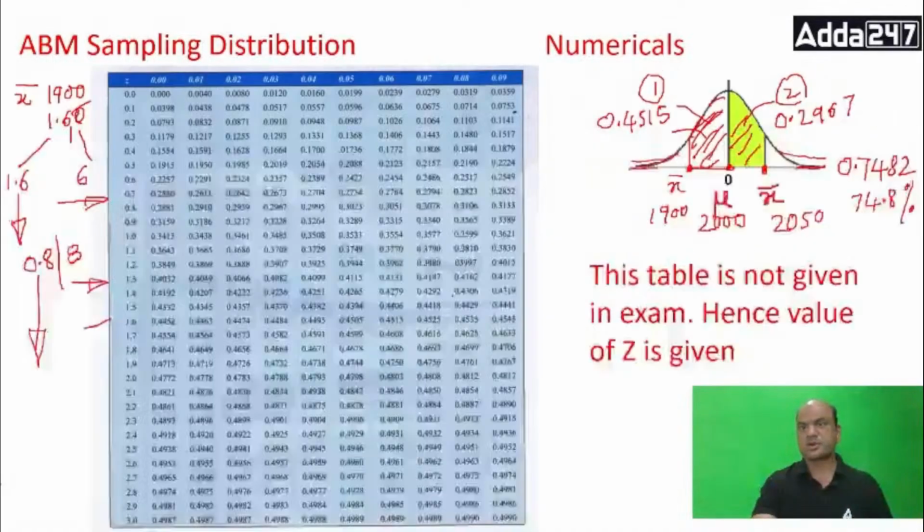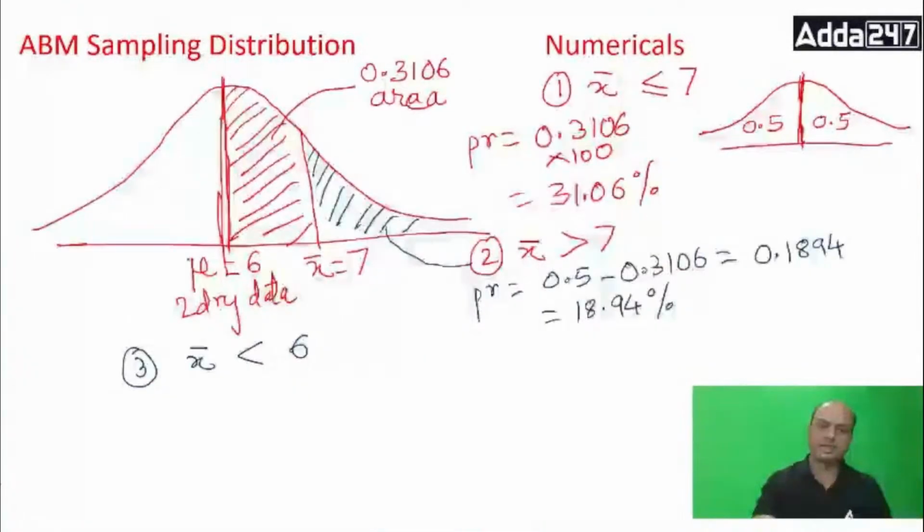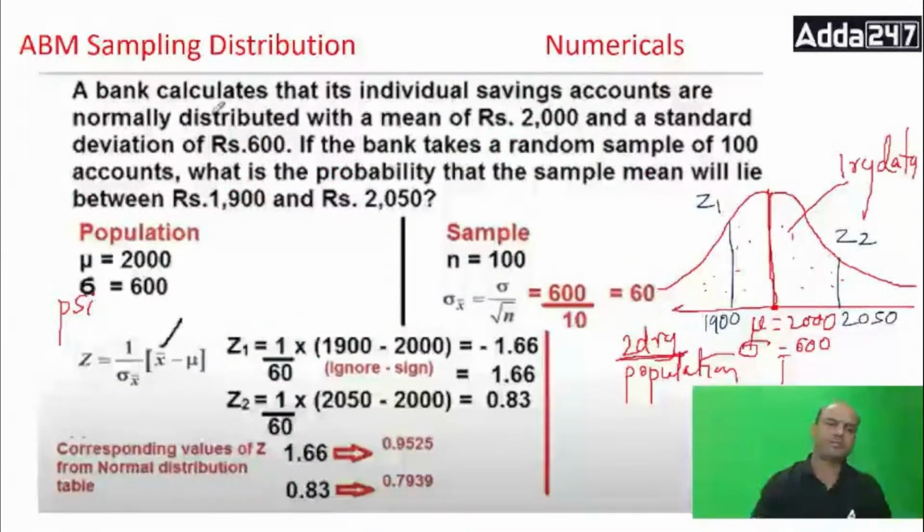Now suppose I ask you this question. A bank calculates that its individual savings accounts are normally distributed with a mean of 2000 and standard deviation of 600. So the mean is 2000.